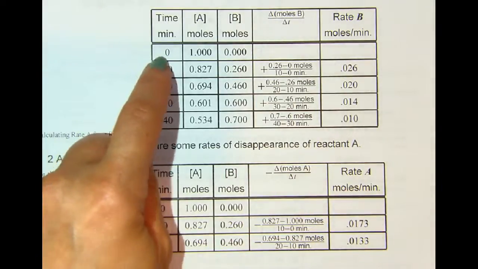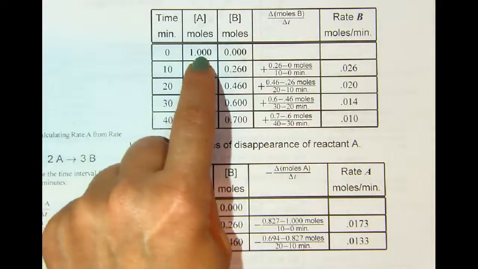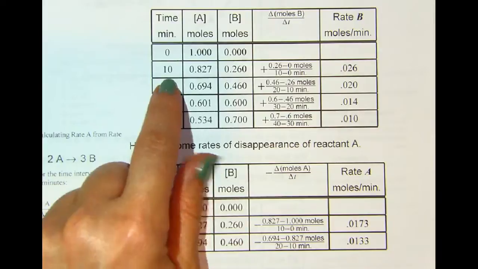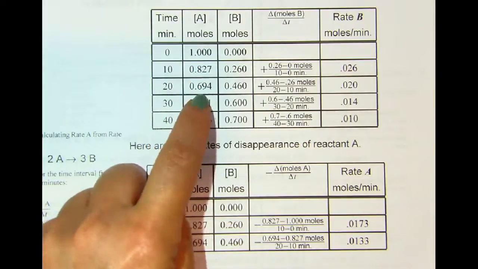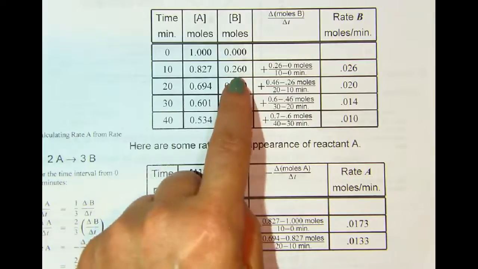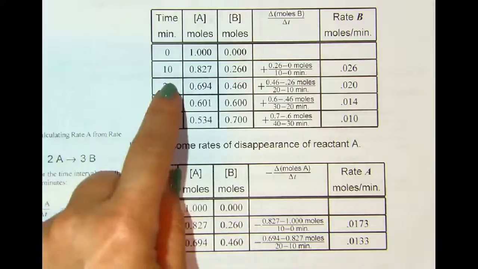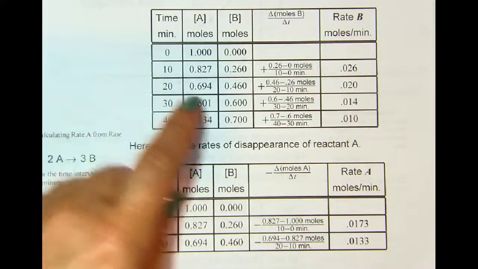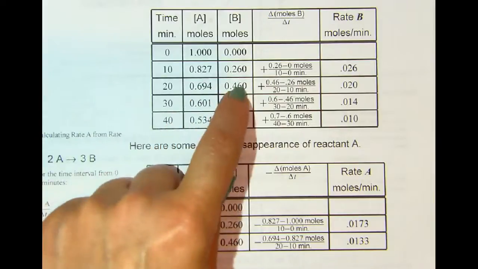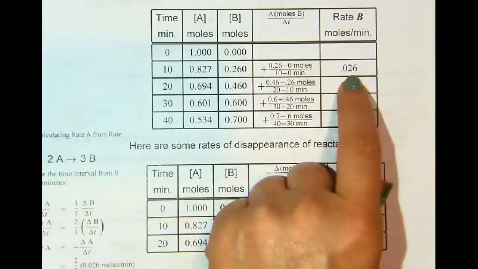At time 0, we have all reactants and 0 products. But as time progresses, your reactant A is slowly disappearing while our product B is appearing. You can determine the rate at which this is occurring if you take the change in moles divided by the change in time, and then you get the rate.